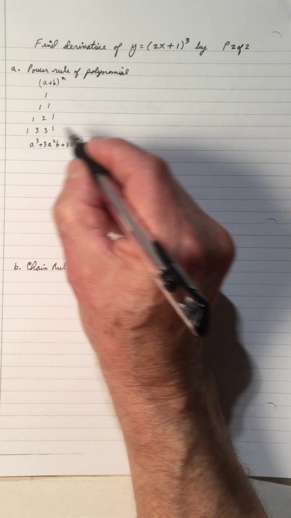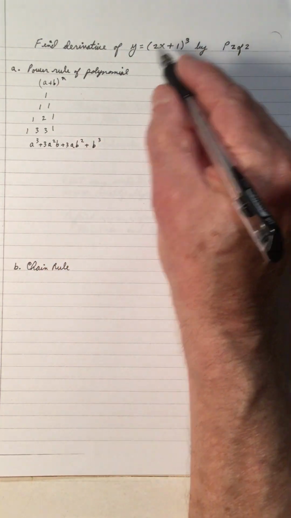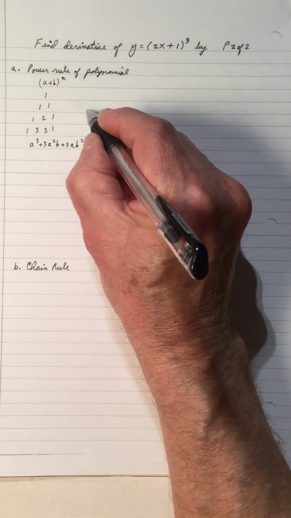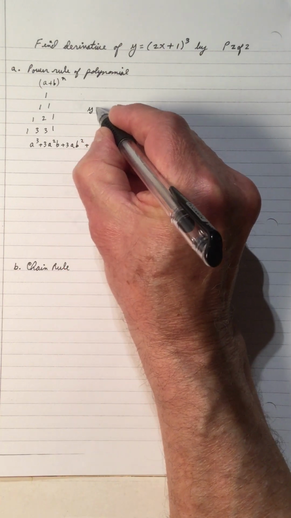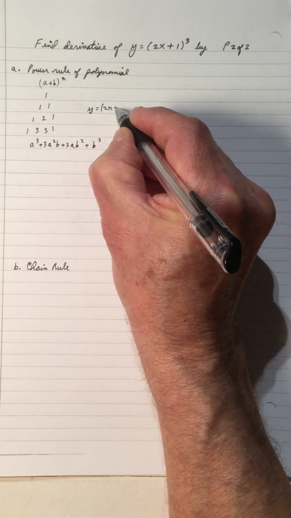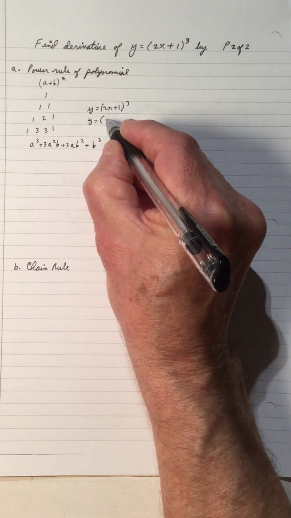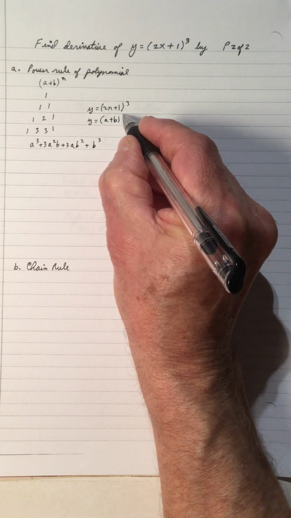That's a 1 and that's a 1. So what we have, I'll just put it right here, is y equals 2x plus 1 cubed. So that's y equals a plus b cubed.